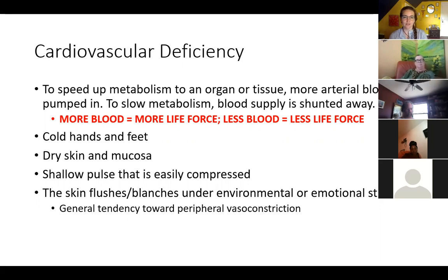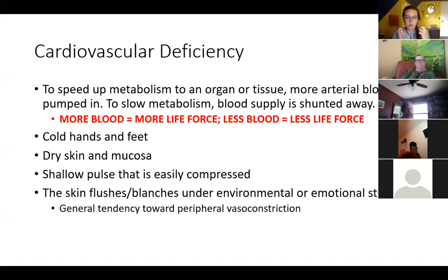So cardiovascular deficiency can cause cold hands and feet. There's not enough blood moving, so your extremities aren't getting the blood that they need because your core cardiovascular system, the pumper in the middle of it all, isn't getting the blood out to the external places. All the tips of your fingers have all these tiny capillaries, and poor blood flow just means it's not getting there. So that can cause cold hands and feet.